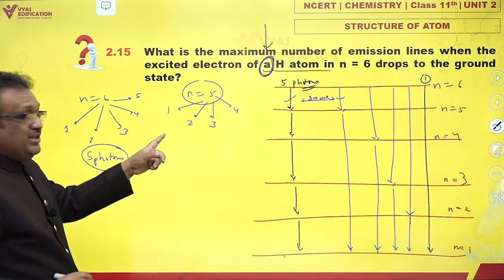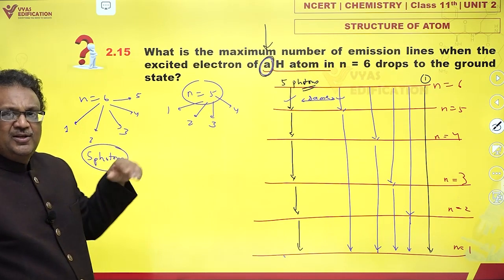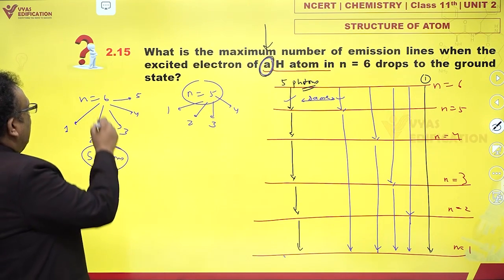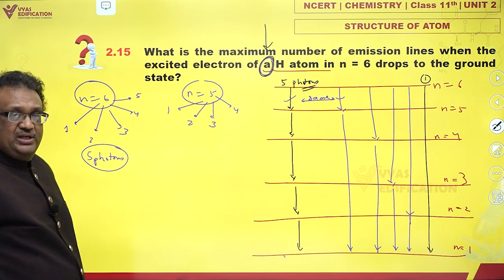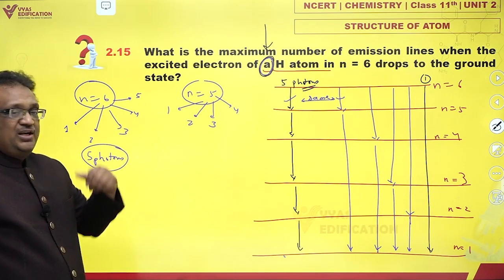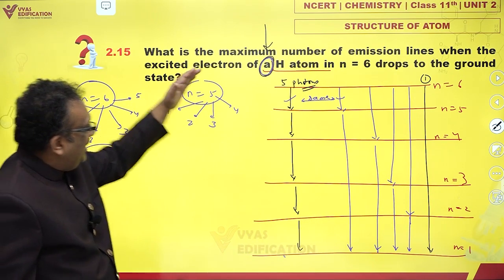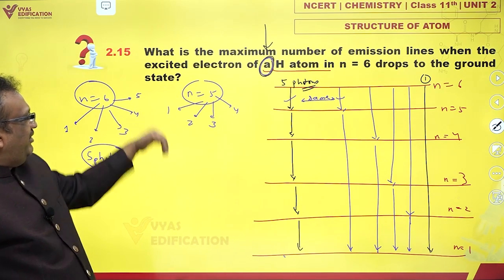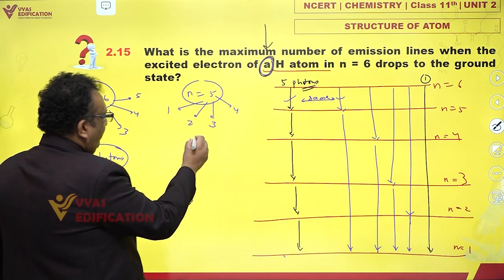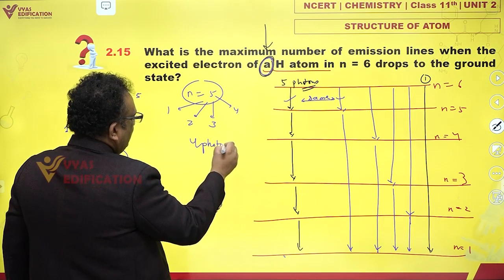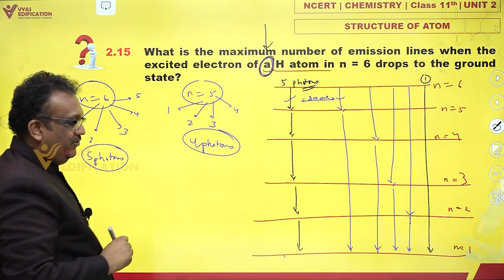But with this method which I'm teaching you, there is no possibility of counting double, because in this case you started with n equal to 6, and in this case you're starting with n equal to 5. And 5 is directly going to 4, or 5 to 3, or 5 to 2, or 5 to 1. So there are 4 photons possible. Right?